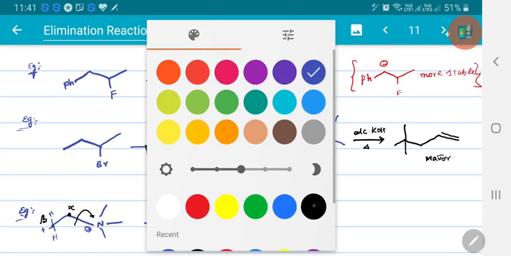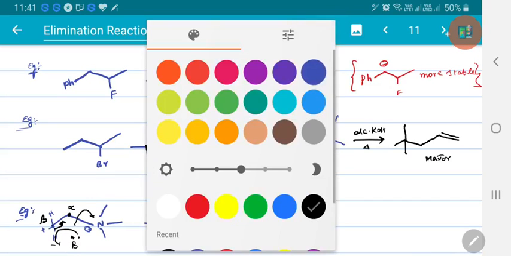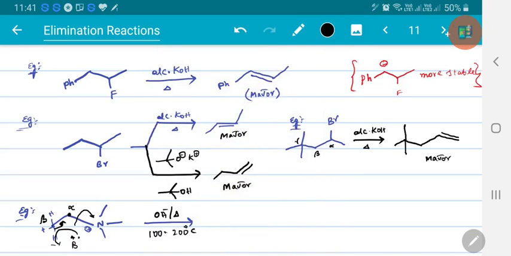Now this base approaches and removes this hydrogen, making this bond shift here, and that ammonium system leaves, leading to product formation. Here the product obtained is ethene, CH2 double bond CH2, and we get a tertiary amine. So this is nothing but similar to Hofmann's exhaustive methylation reaction.